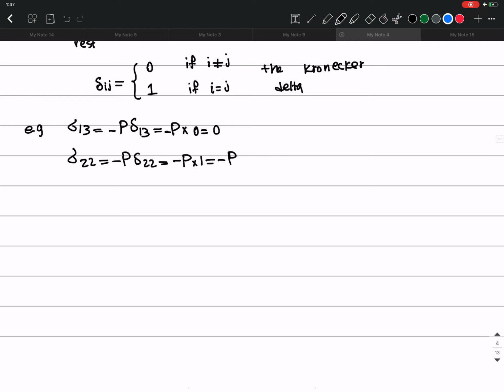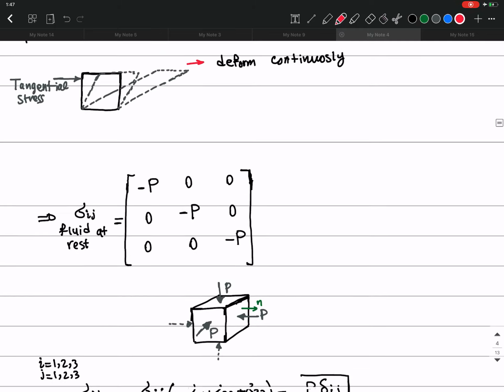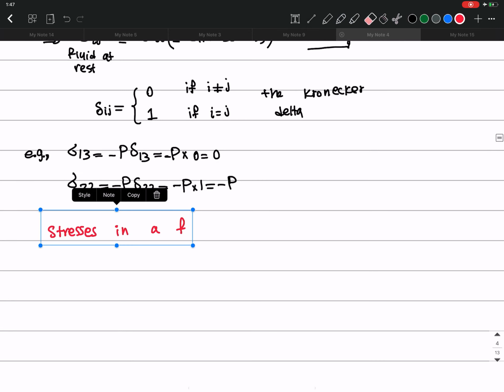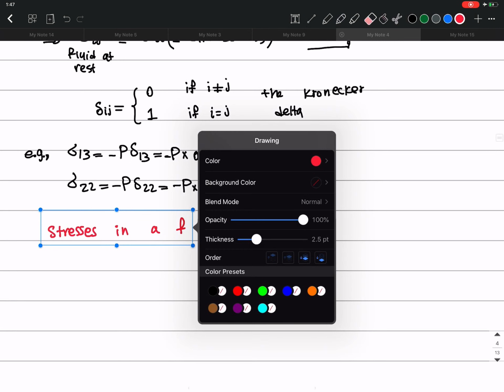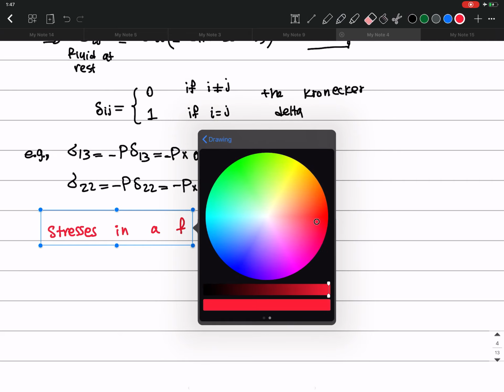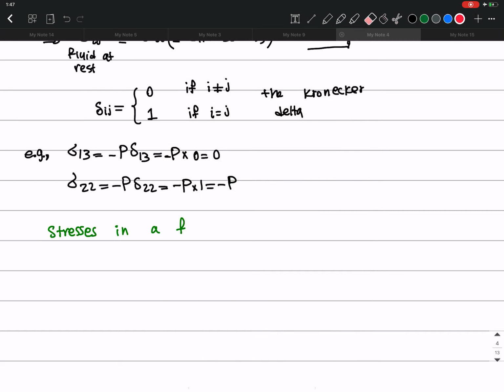Now, let's calculate stresses in a fluid at motion. Let me write this. In a fluid at motion.